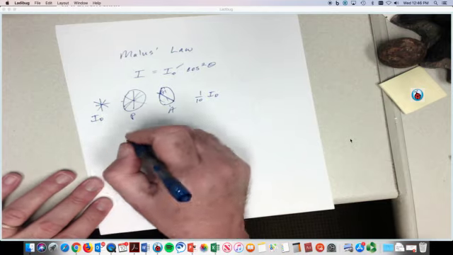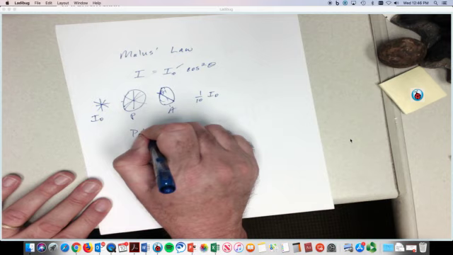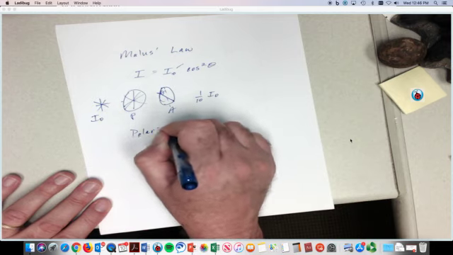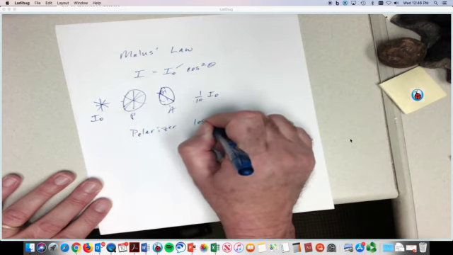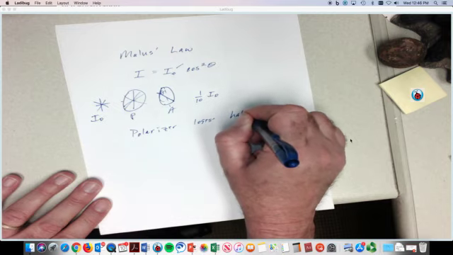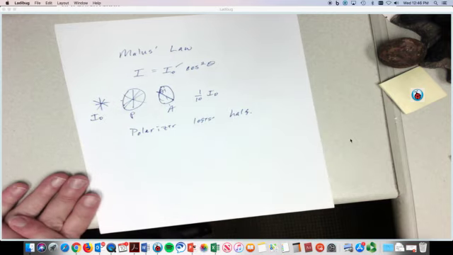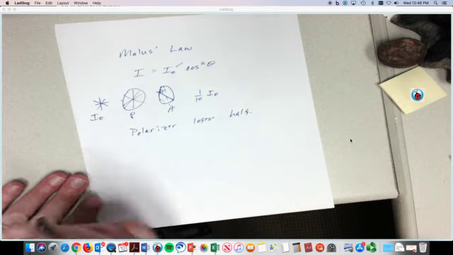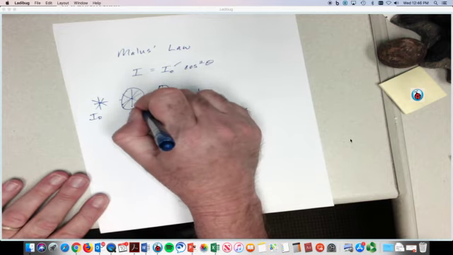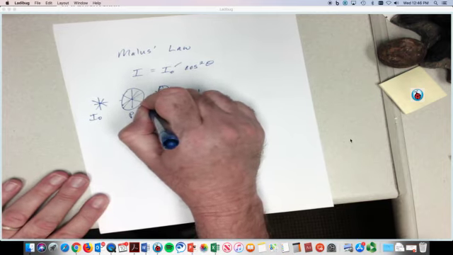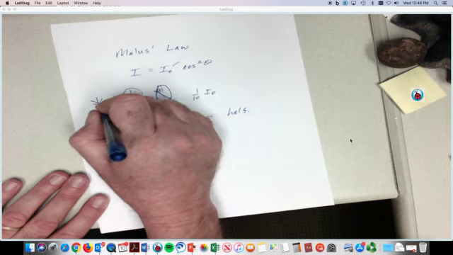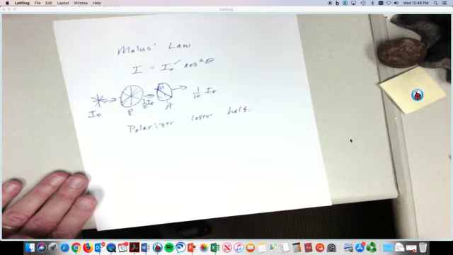Well, first of all, when it goes through a polarizer, it loses half its intensity. Polarizer loses half. So right now it's at 1/2 I naught when it's traveling through here. And then when it pops out here, we use this equation.